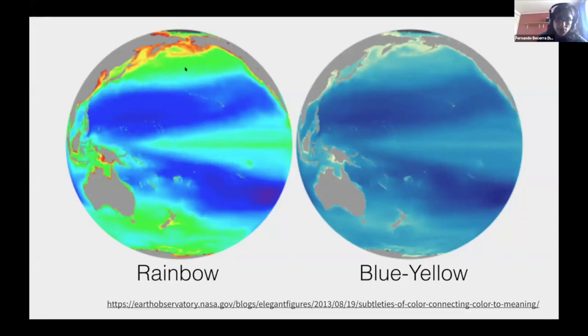But also because it creates these sudden drops in information which are not like that in the actual information. Because of the color we choose, we emphasize these differences, but in reality, the data is not that different. This happens in transitions between blue and green and between green and red. So it's a really bad color map, and I'm glad that it's not the default color map in Matplotlib anymore.